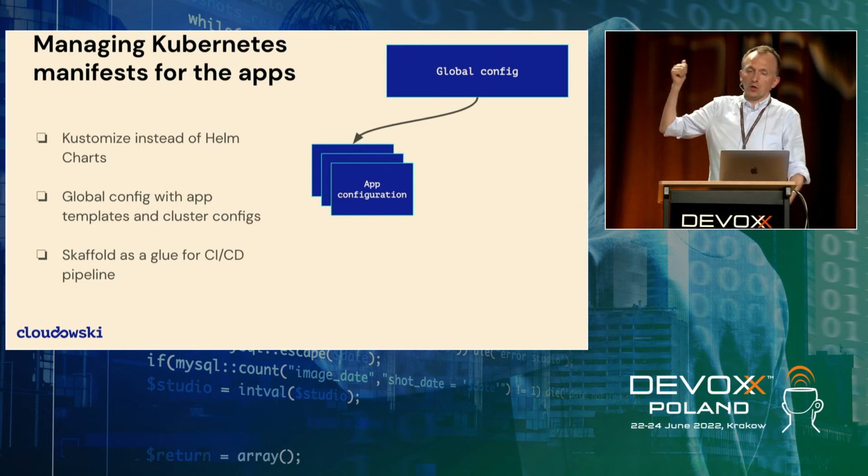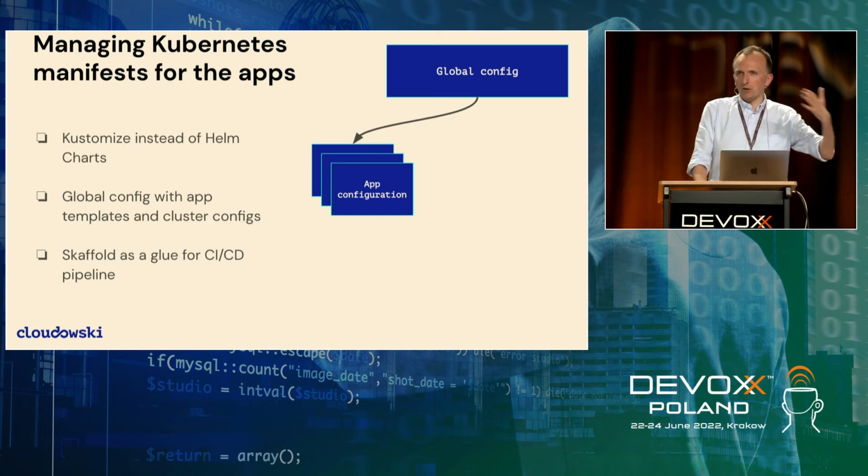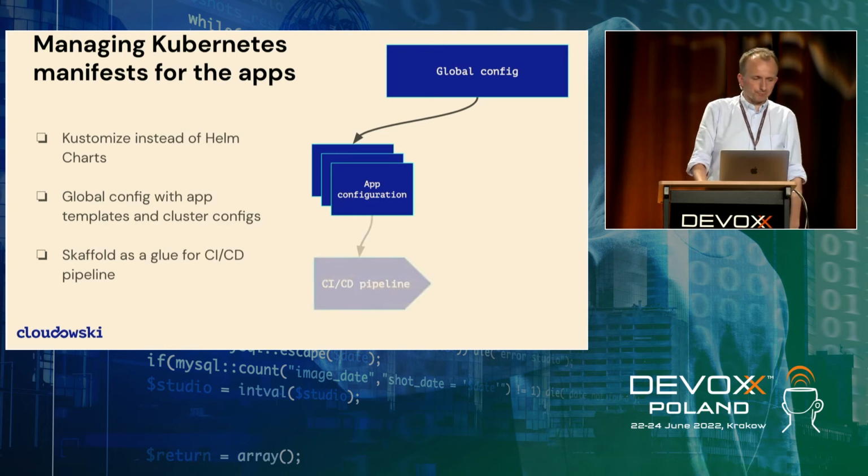So we use a global configuration repository in which we keep templates. And these templates are used by all of the applications developed at DevSkiller. So every application gets the best practices that we put in those templates.